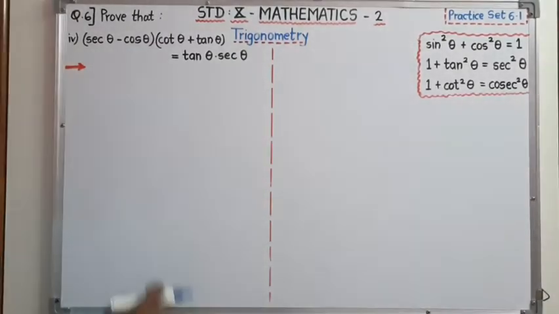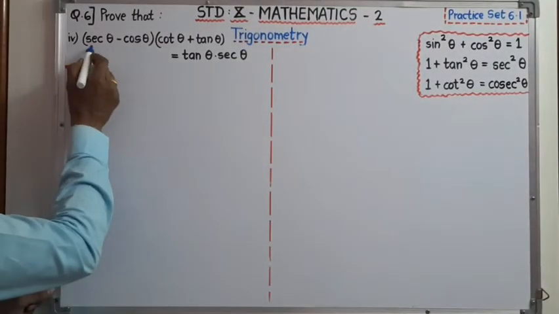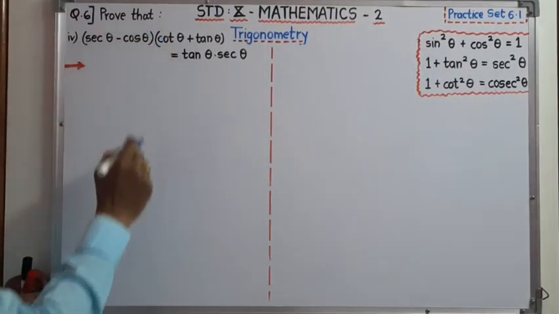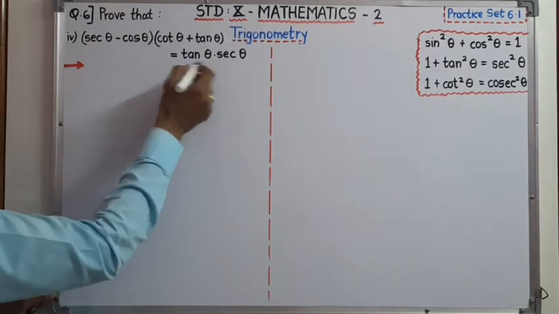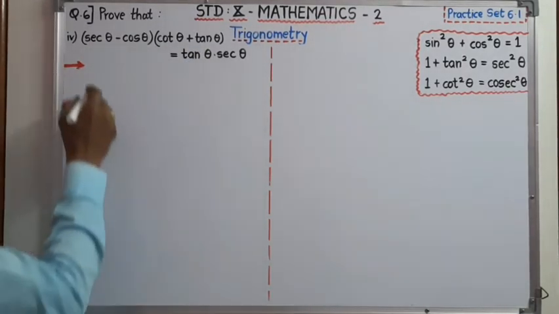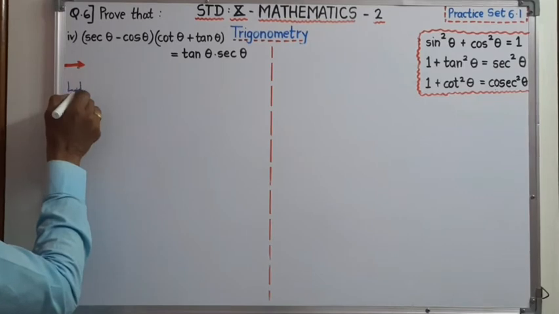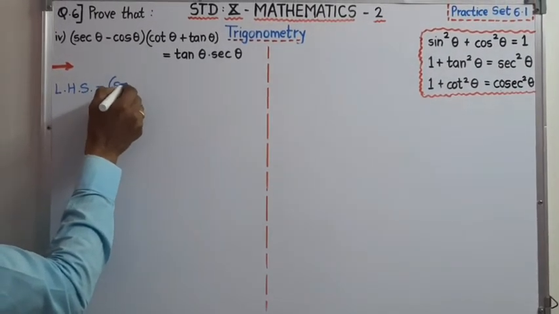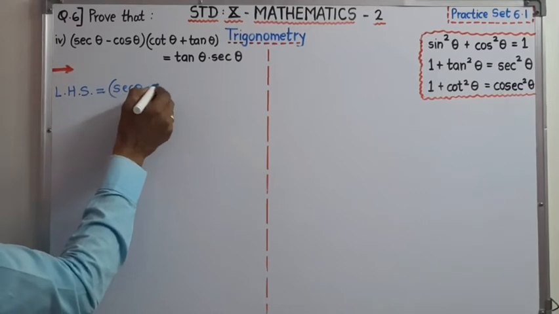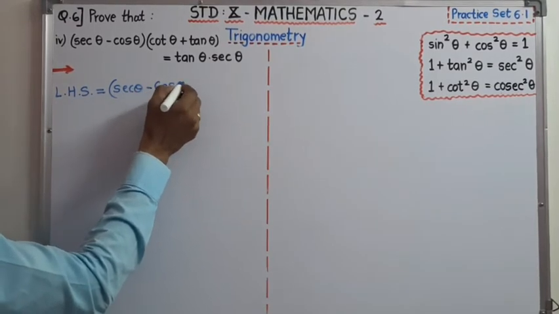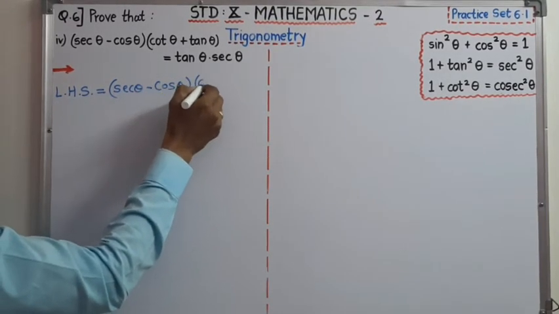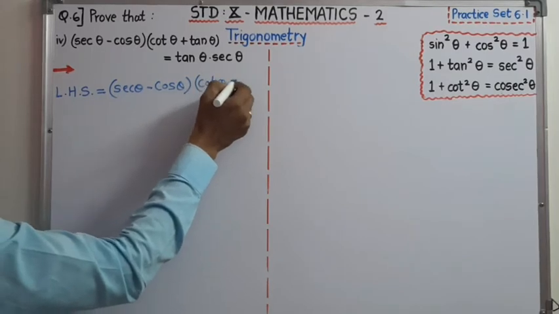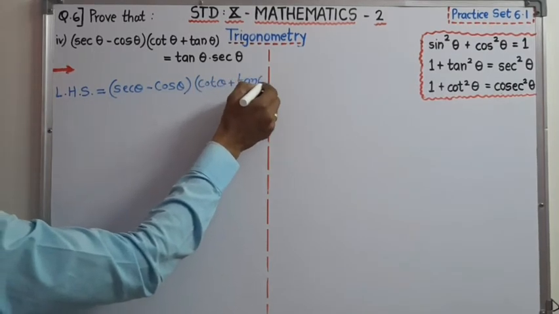See, dear student, question number four. Here also we have to prove that left hand side is equal to right hand side. LHS is equal to, dear student, sec theta minus cos theta into cot theta plus tan theta.